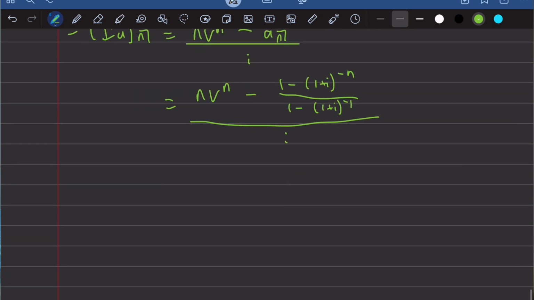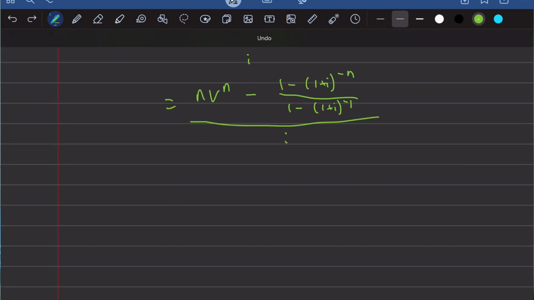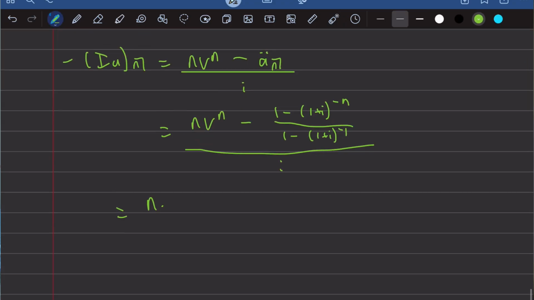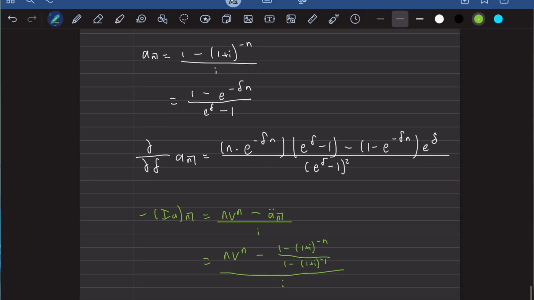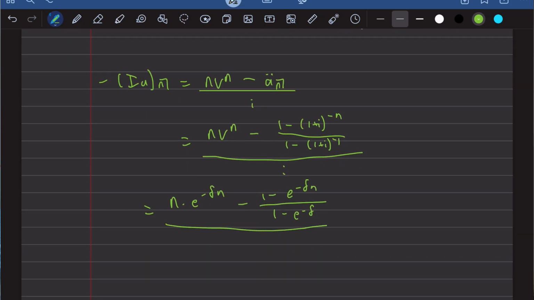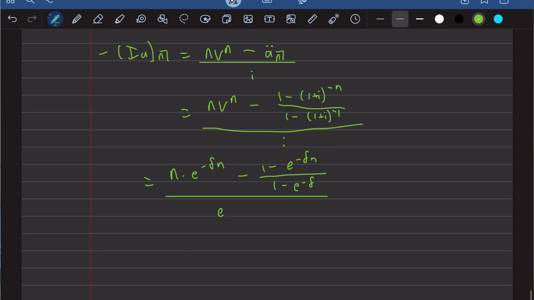Okay, so if we sub in for deltas and stuff, it's going to be n times v^n, because v is (1 plus i) to the negative 1, and we know that 1 plus i is e to the delta, so this will become e to the negative delta n, minus 1 minus e to the negative delta n, over 1 minus e to the negative delta. And this is all divided by i, and we know that i is e to the delta minus 1. Cool.